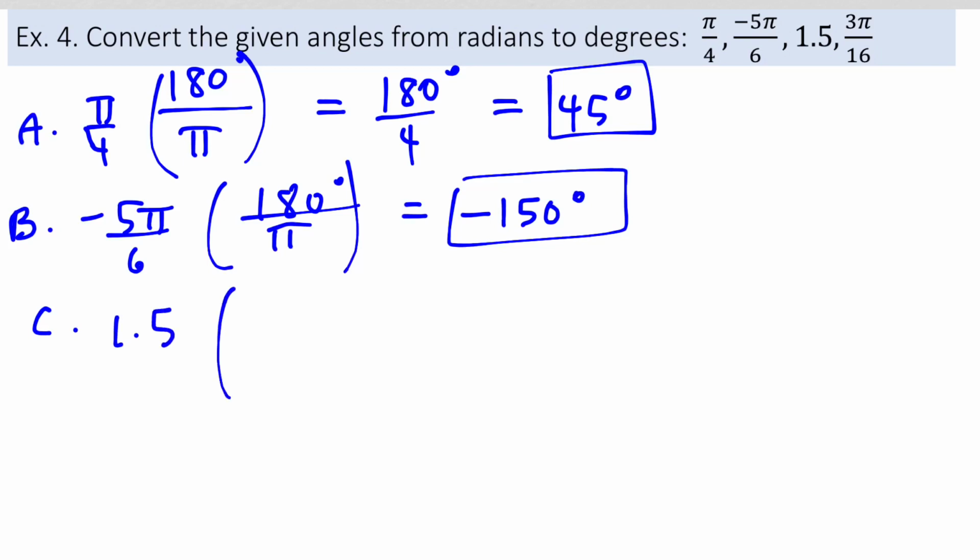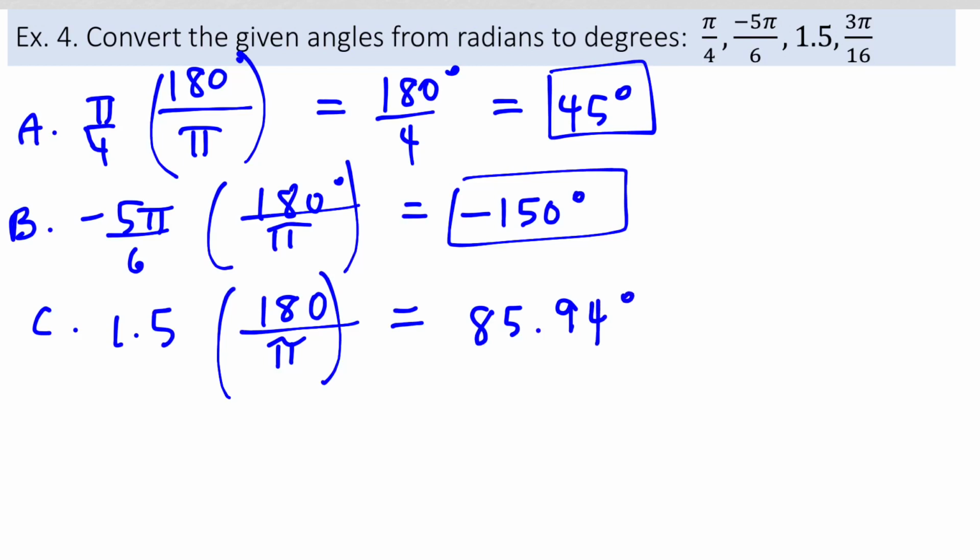All right, so that already is radians. If I want that to turn into degrees, conversion factor with the degrees on top. All right, so typing that into the calculator, 1.5 times 180 divided by the pi button. Let's round it, 85.94 degrees.